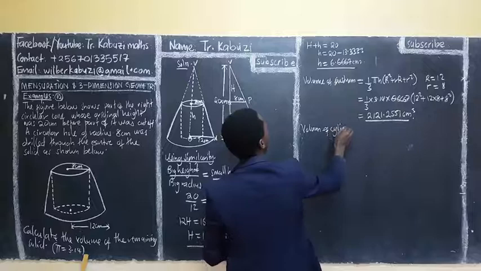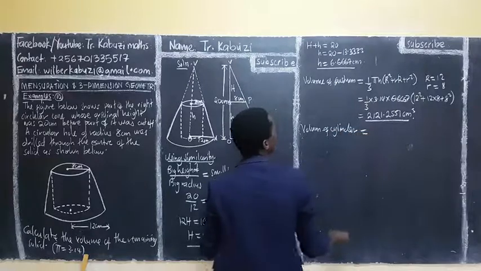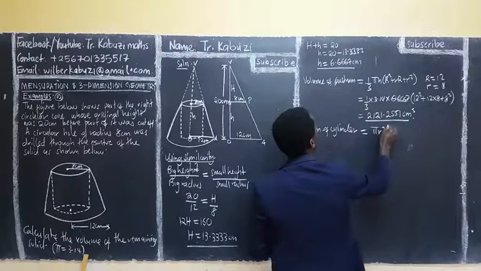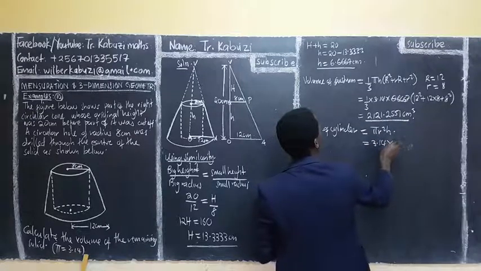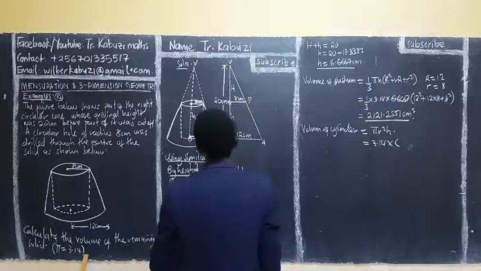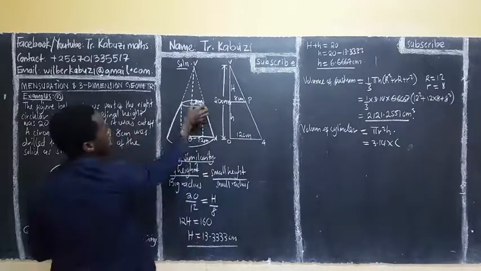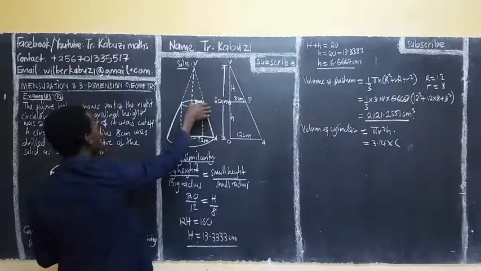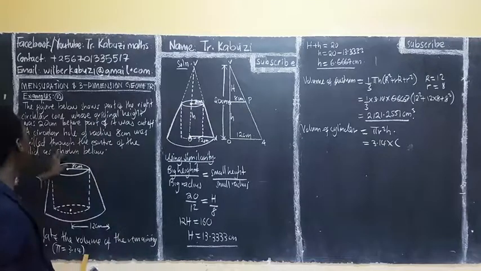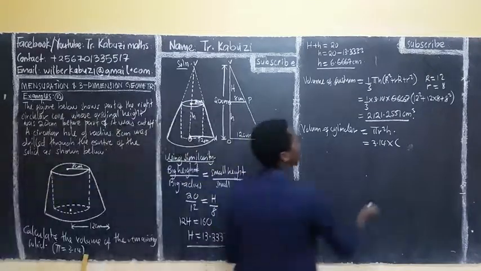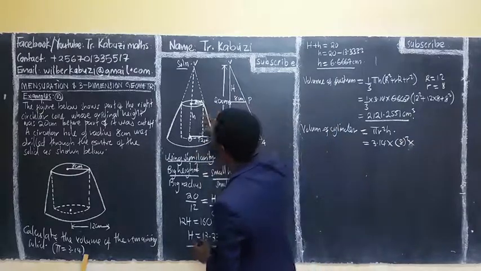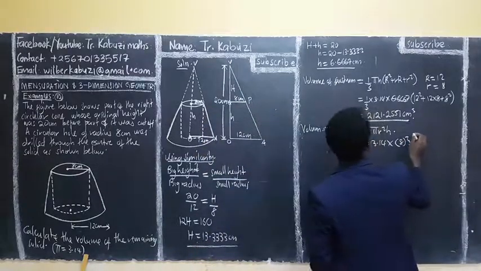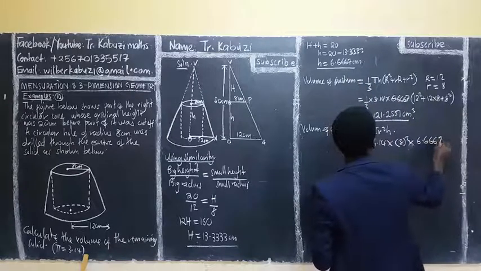Now I also get the volume of the cylinder. The volume of my cylinder is given by pi r squared h. So 3.14 times the radius of the cylinder. The radius of this cylinder is 8 because the drill is through a cylinder of 8 centimeters, so here I have 8 squared. Then times the height, which is the same, 6.6667.